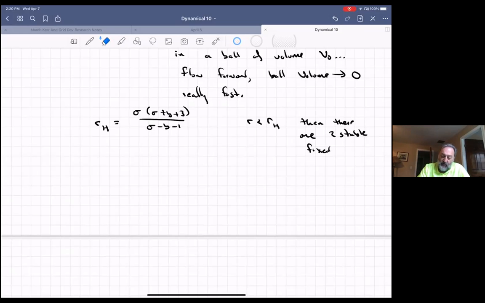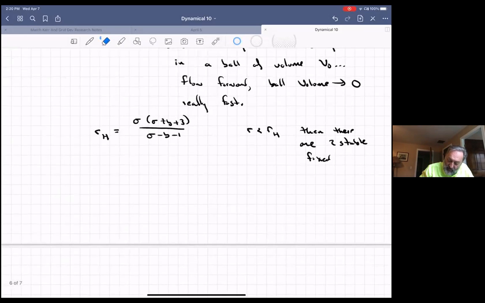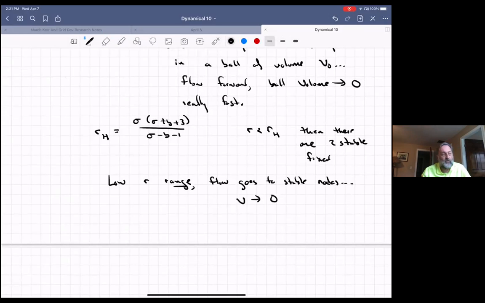And so if I'm in this low R range, the flow goes to some stable nodes. And so that's why the volume goes to 0.